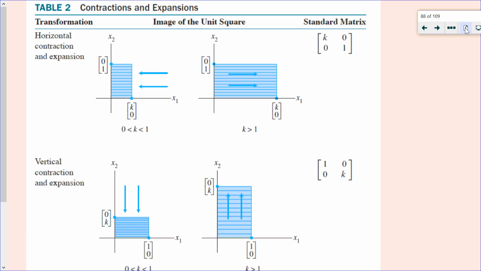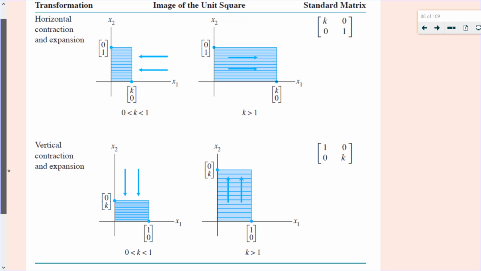We're talking above 0, though, because if we make it less than 0, you're going to start to flip it. If it's greater than 1, it's going to make it larger. Between 0 and 1, it's going to make it smaller. It'll be a contraction. And we can contract along the x or along the y. Along the x, you'll be modifying E1. Along the y, you'll be modifying E2. And so these are some of the ways we can scale our vectors or our shapes.